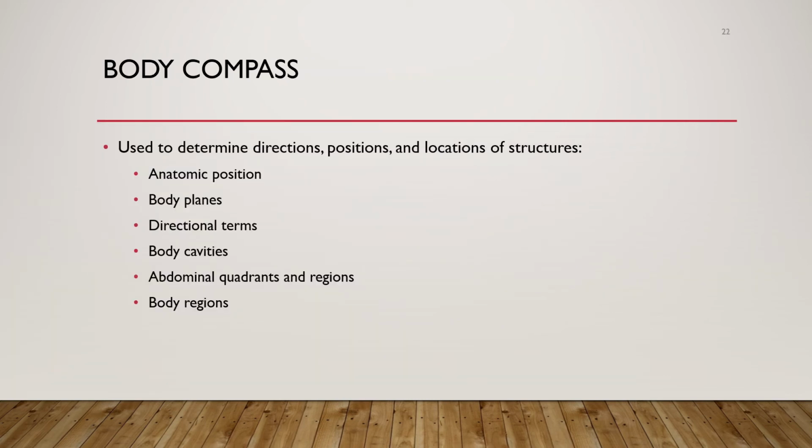Beginning on page 358, we're going to quickly go through some of the different terms of how we refer to our body. It is something that every healthcare professional, no matter what field you are in, you will need to be familiar with. So all of the anatomic positional terms is just how we are holding our body.